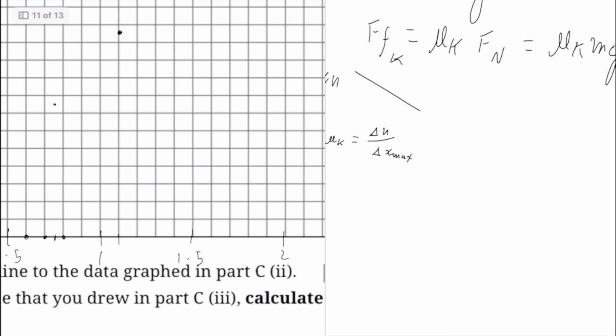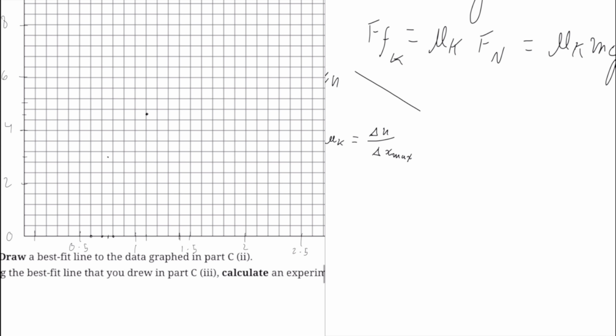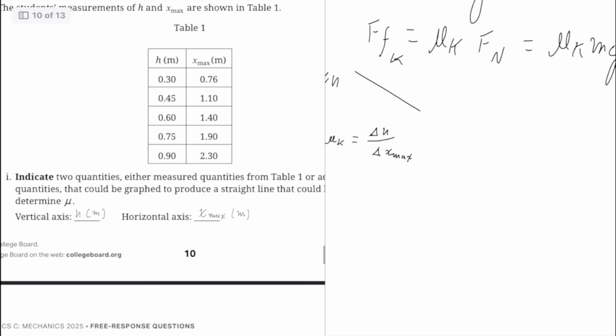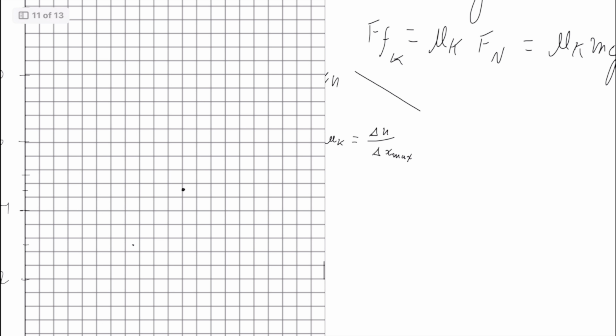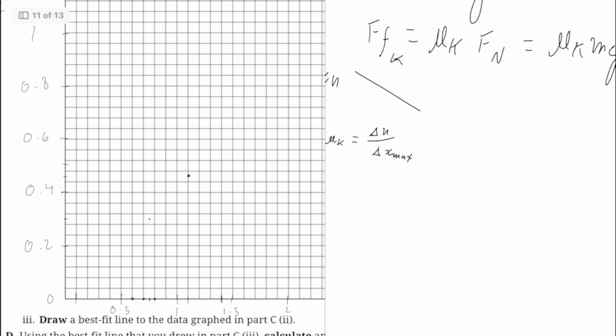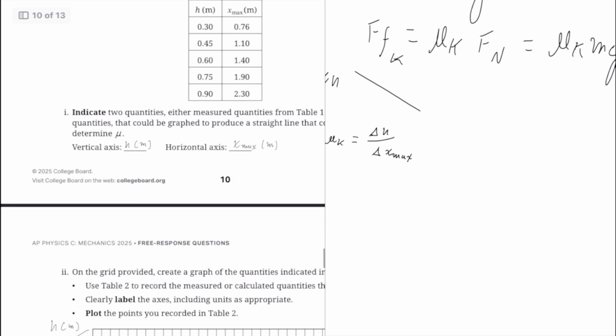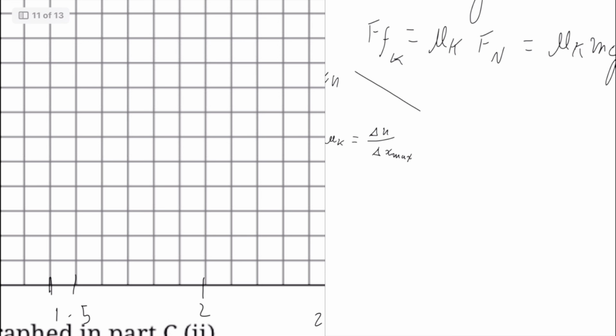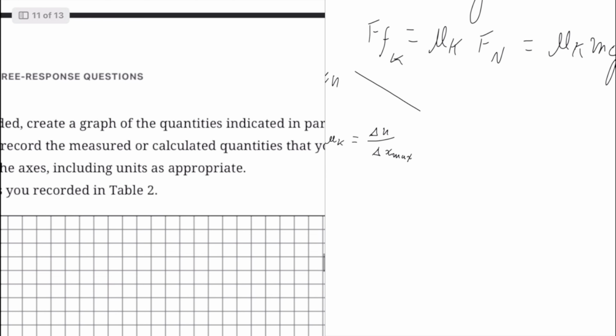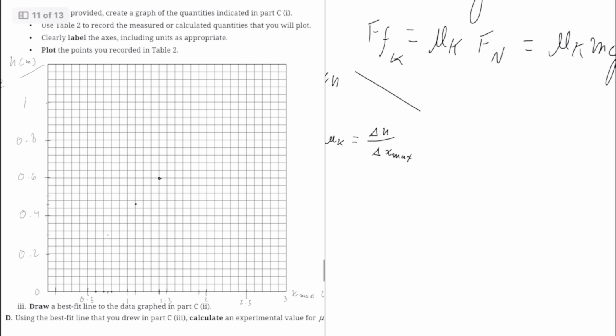The next point is 1.4, which corresponds to 0.6. Oh, great, I have a point for 0.6. This is even easier than I imagined. So there we go. And now it's actually starting to look linear, which makes me happy. So now I know 1.9 is the next one. So right here, there's 1.9. And 0.75.